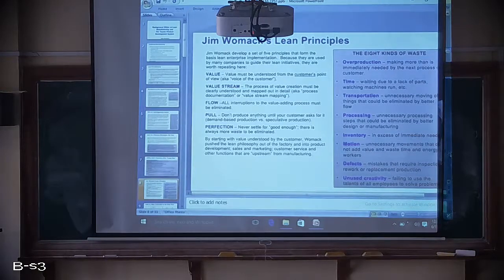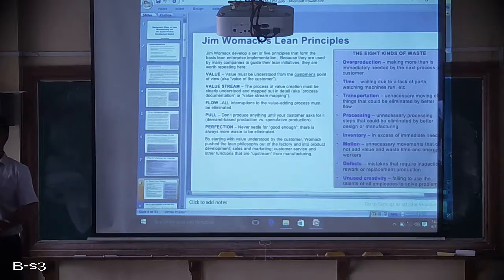Lean manufacturing systems. Value must be understood from the customer's point of view. What is the customer going to value? It's not only about getting the product, but the customer is going to buy the product for the value of the product. So value should be increased by buying the product.